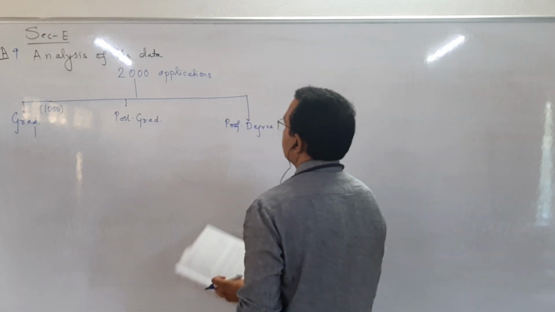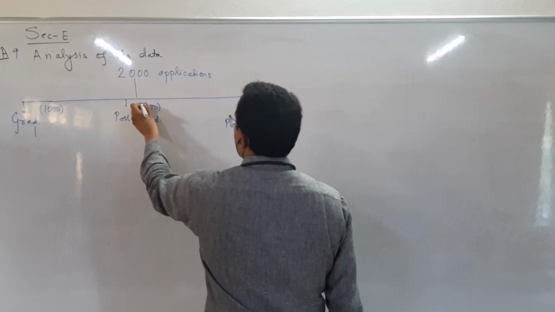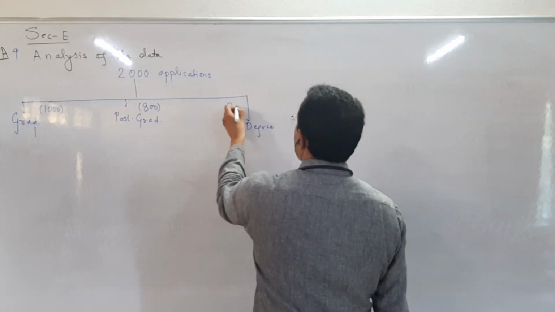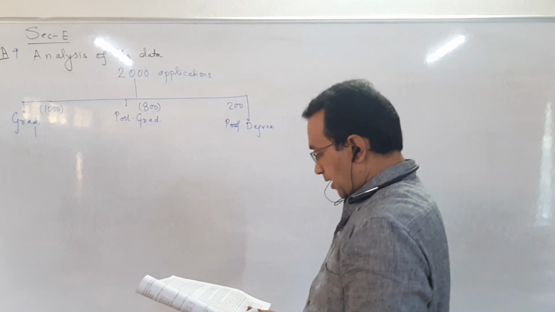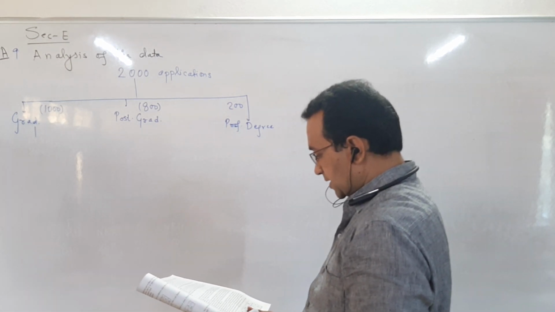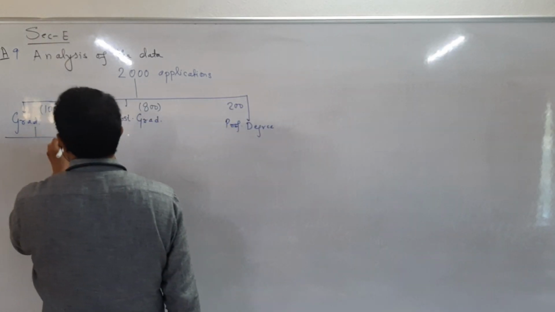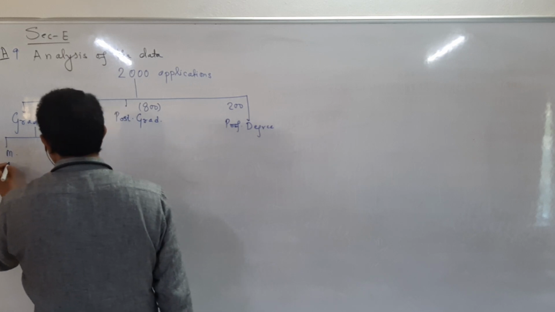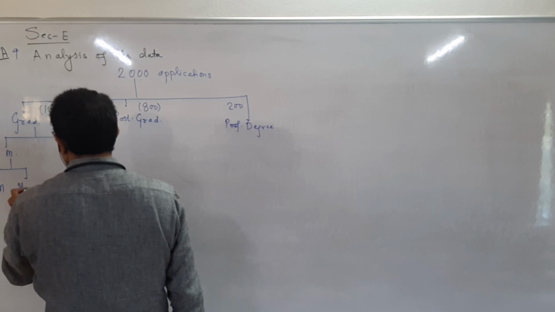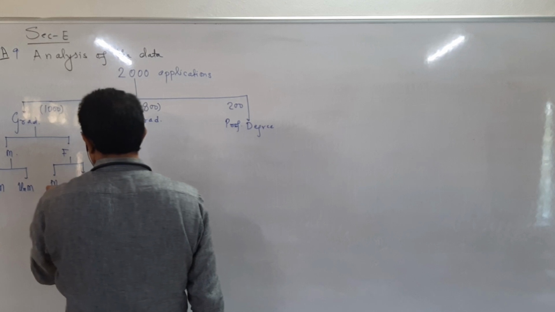40% were PG. 40% will be 800 and definitely 10% will be 200. Among the graduates, 60% were males. So this is male, female, again divided into married and unmarried. So let us prepare the layout.